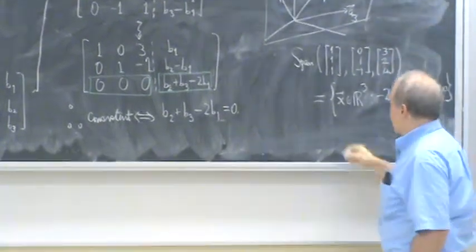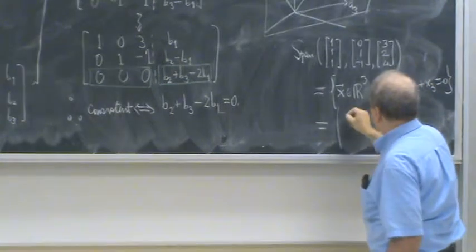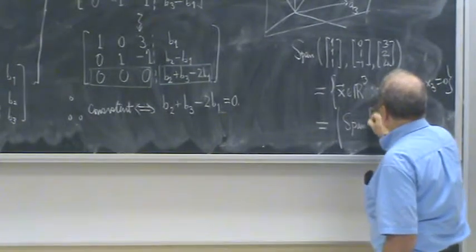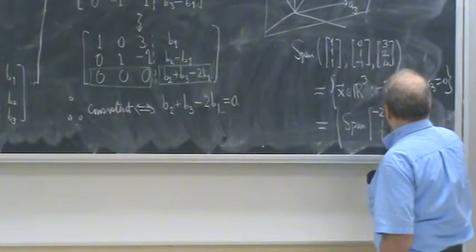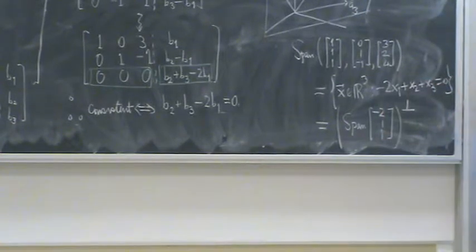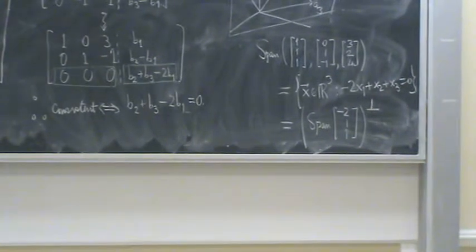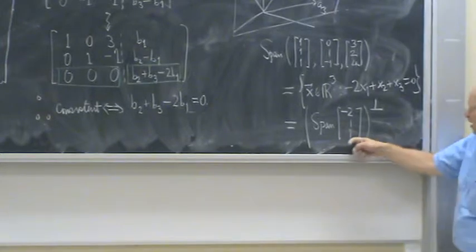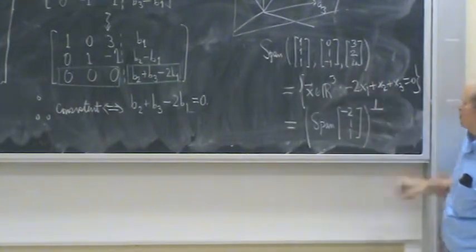So in other words, you're telling me that you think it's the perp of negative 2, 1, 1. Well, check it out. Is this vector in fact orthogonal to each of these?